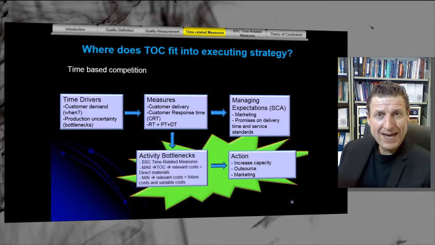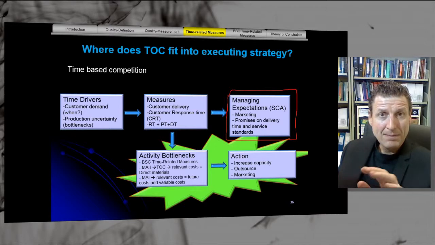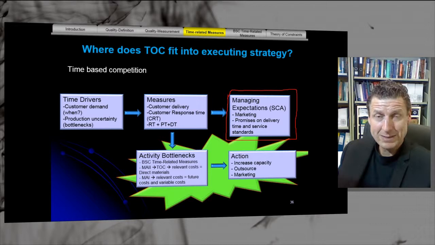Again, we bring back our big strategic framework, and in the previous part we were focusing on decisions that are associated with managing customers' expectations, with time, what they expect to be waiting in the line with the bank.